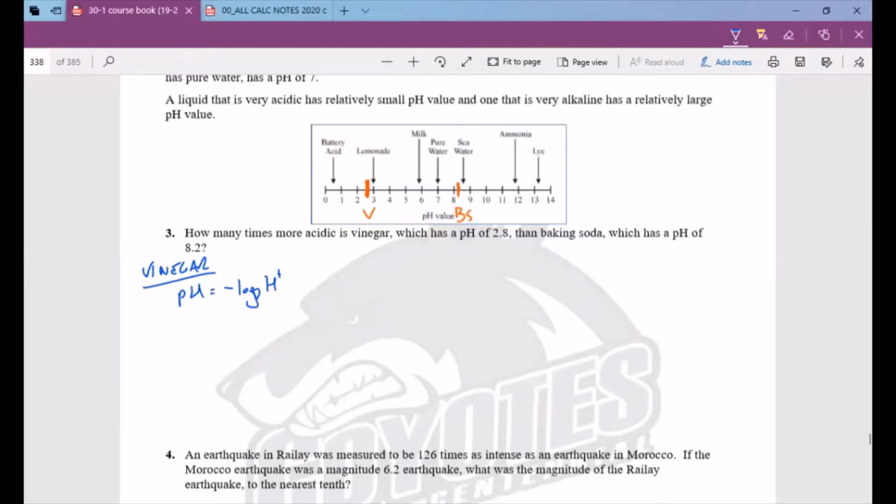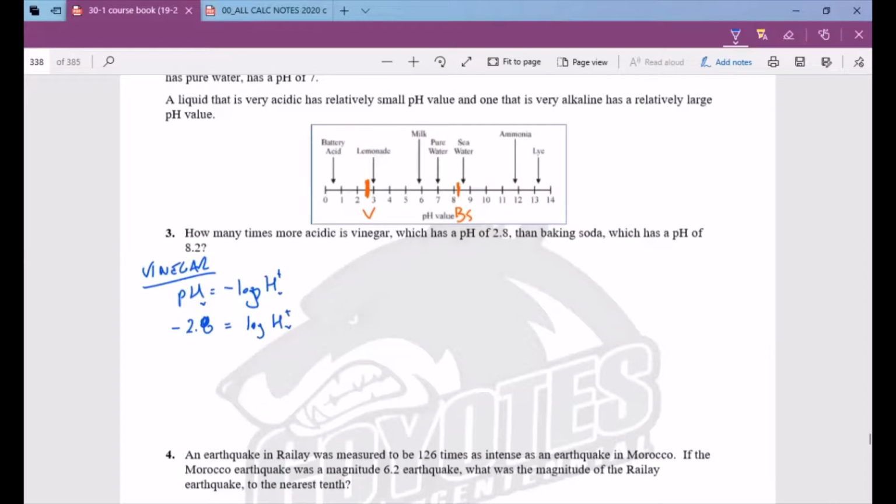And if we do this for vinegar, with little subscripts, we have negative 2.8 if I substitute my pH for vinegar and multiply both sides by negative 1, is equal to logarithm of H plus of vinegar.